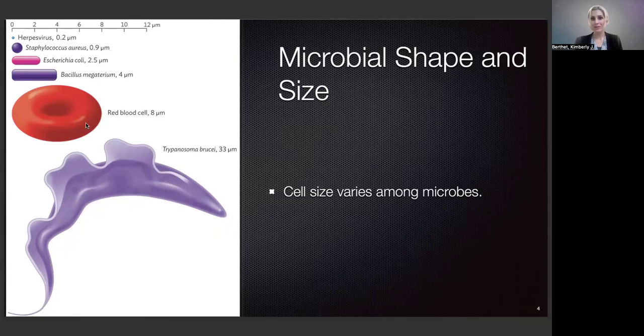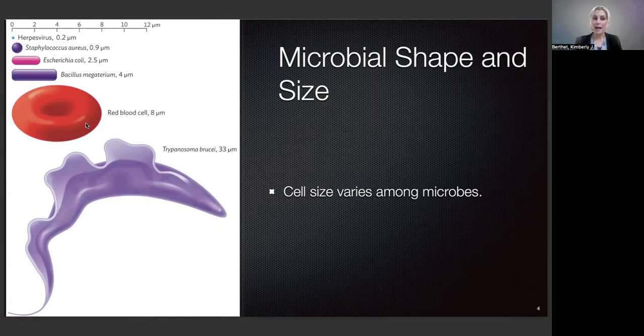This is a great reference because this is a cell within our body. It's this biconcave donut shape. And something unique about red blood cells is actually there's no nucleus within them. So they are smaller because they don't have all of the same membrane-bound organelles, like a nucleus, that most eukaryotic cells have. So a red blood cell comes in at about 8 microns in size.